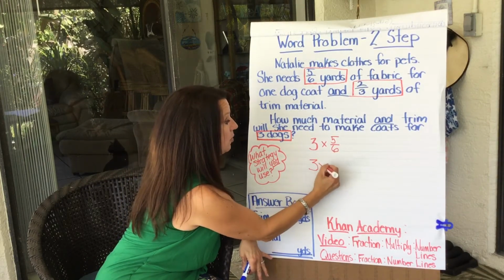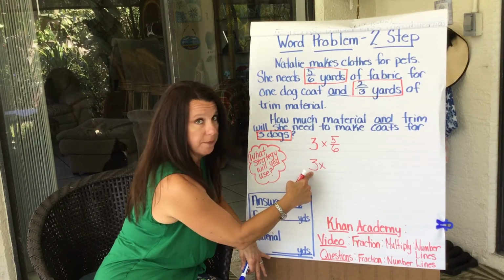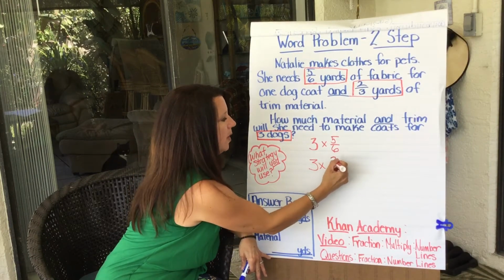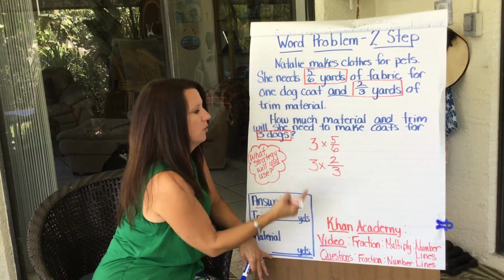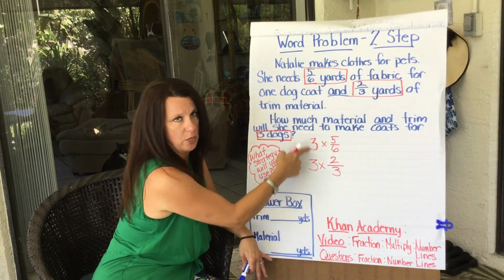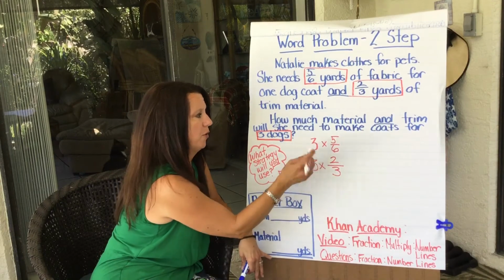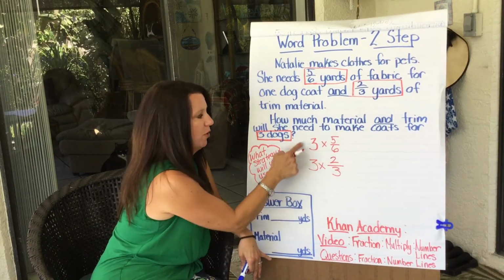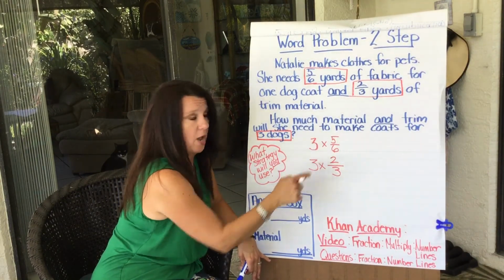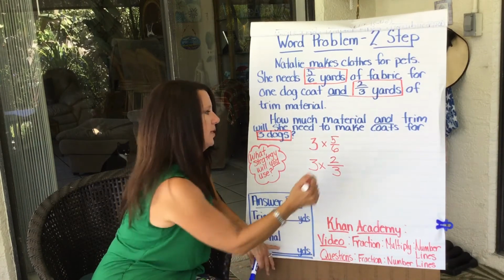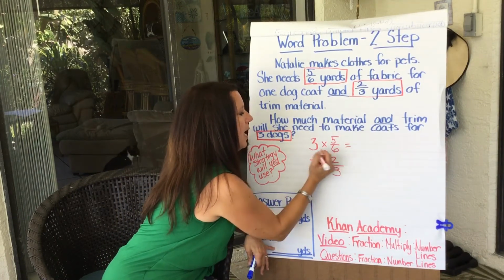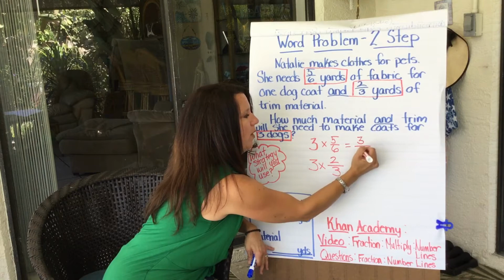And then she also needs to make the trim. So each coat needs a trim. And she's making 3 coats. So I have two things I have to do here, 2 steps, right? Now, again, just like we said before, you can use a number line. Okay, you're going to have to do two different number lines because they're different numbers. So what I'm going to do is take the shortest route and put my whole number over 1.